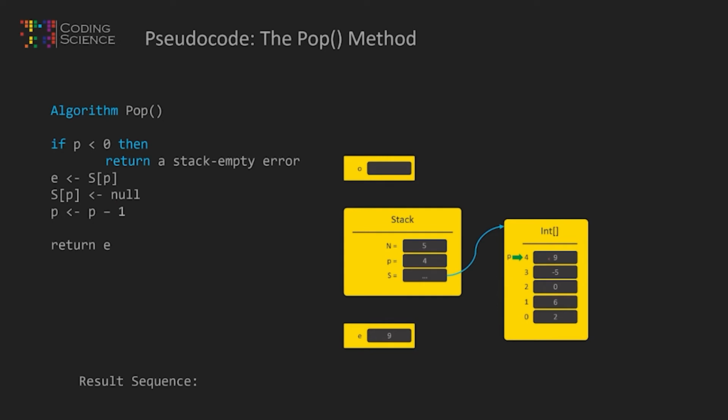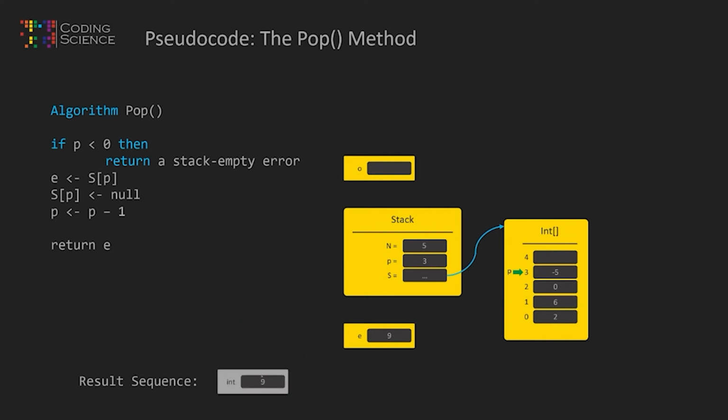And we don't want a number here, we want it to be completely cleared. So we will remove the 9, it's still in E, but it's not in here anymore. So by doing this, we are completely removing this value. Then the next step is to update P. So we'll take P minus 1 and we'll put that in P. So 4 minus 1 will become 3. And now we are finished. We will return E and get our first sequence.